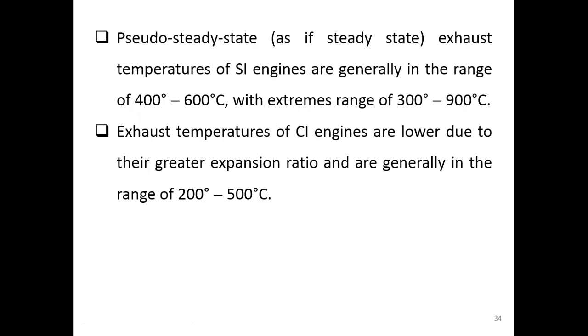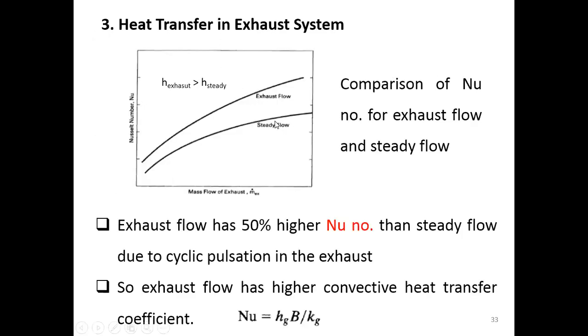So the intermittent actions get less and less, and we get closer and closer to the steady state, so that the amount of heat transfer to the exhaust is lower, because we are getting closer and closer to the steady state flow.